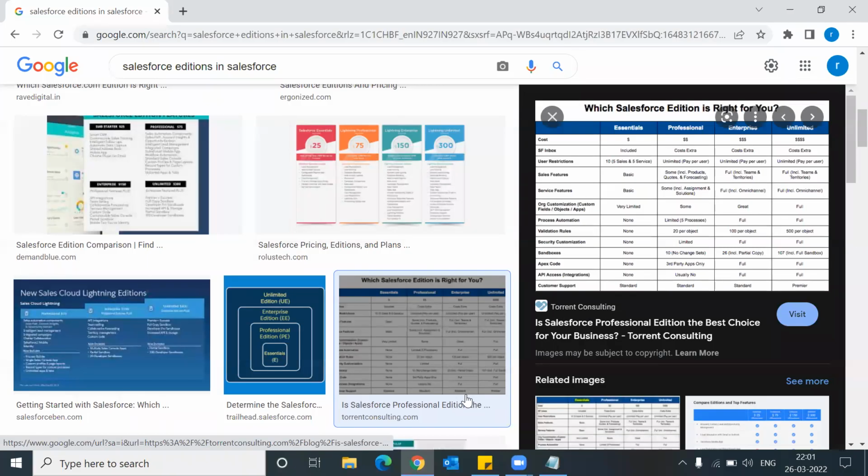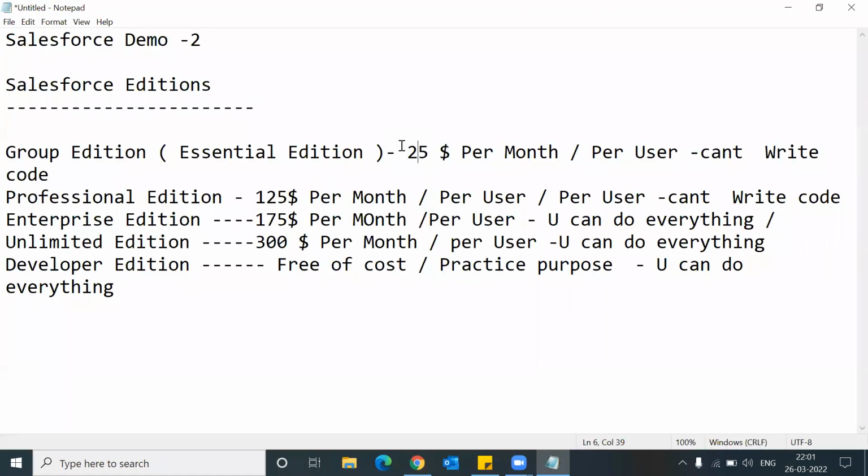Suppose I told you this edition is $25. If you take 200 user licenses, you can tell Salesforce, please give me 200 users and give me a lower cost. So you can get 1700, 1800, just like bargaining, right? Everywhere there is bargaining. This is not a standard cost. Sorry, this is the standard cost, right?